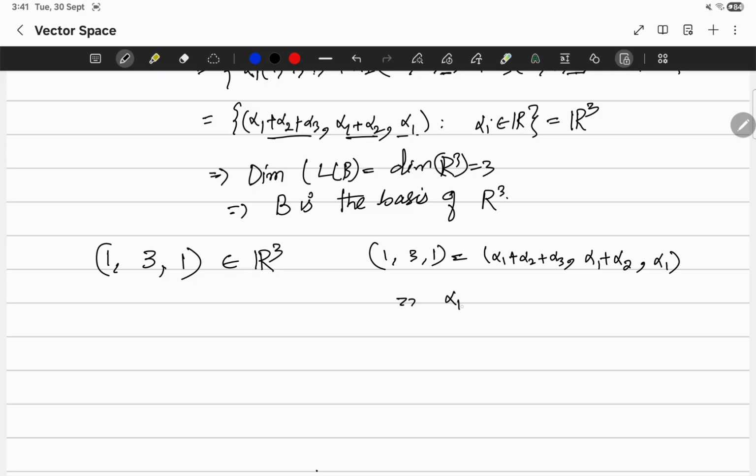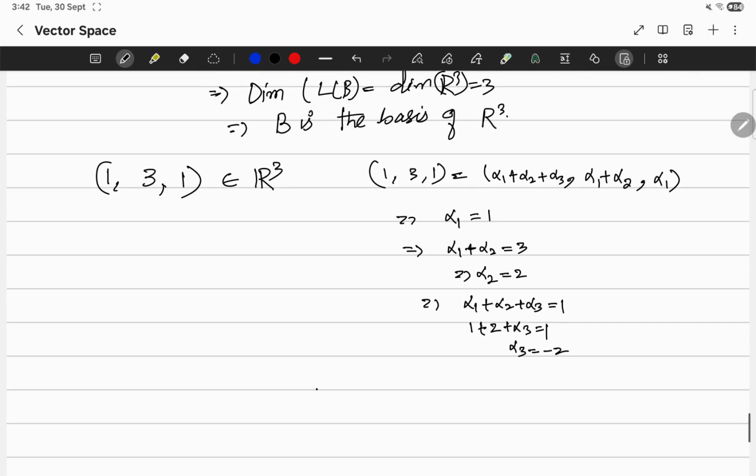So it means that alpha 1 is equal to 1. Alpha 1 plus alpha 2 is equal to 3, so alpha 2 is equal to 2. Alpha 1 plus alpha 2 plus alpha 3 is equal to 1, so 1 plus 2 plus alpha 3 is equal to 1, and alpha 3 is minus 2.